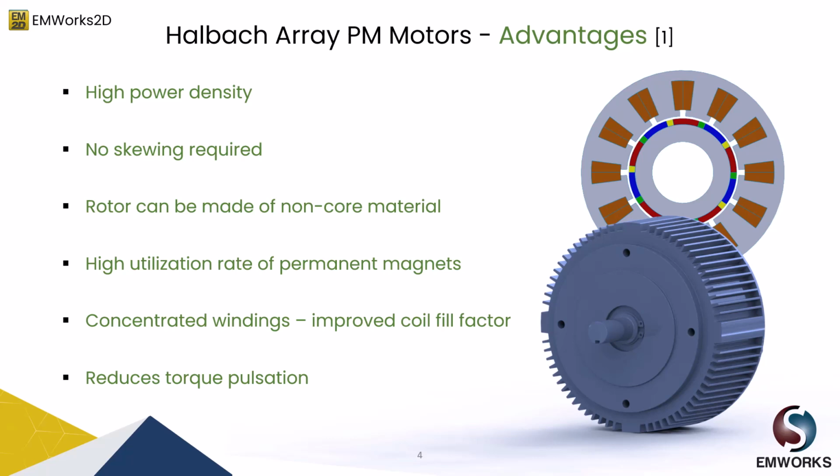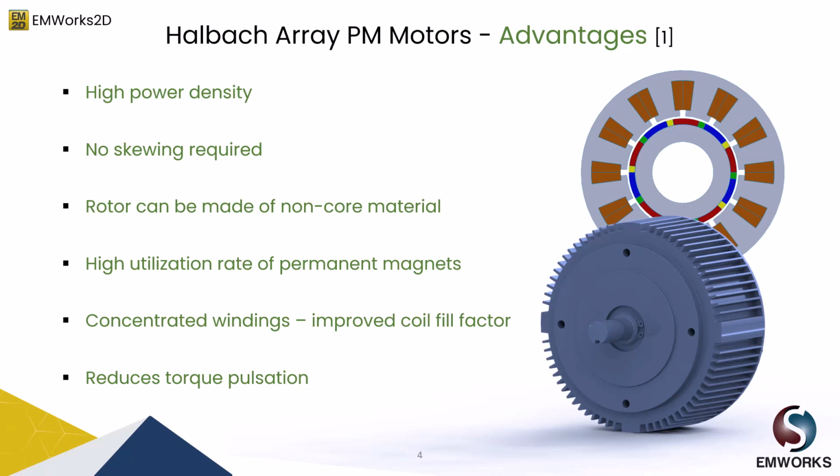Halbach arrays can be used with centralized windings, which is nothing but a concentrated winding. In traditional permanent magnet motors, distributed windings are often used to weaken the influence of the harmonic magnetomotive forces.